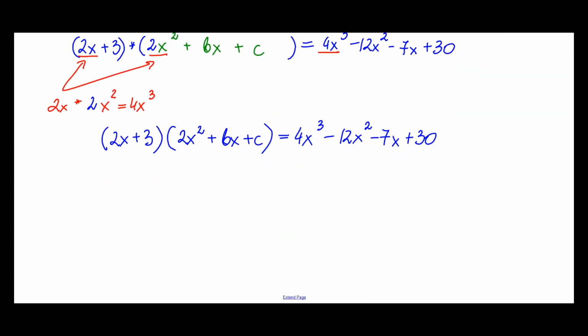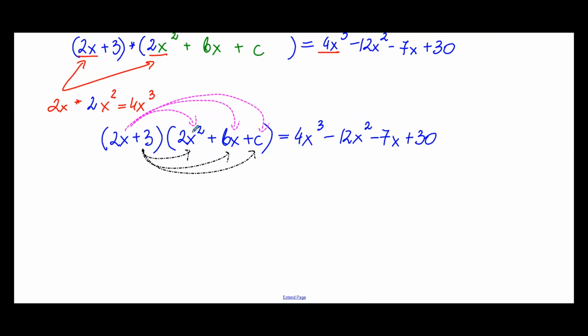Okay, so how do we do that? Again, we multiply everything by everything. I very often do the arrows because that helps me not to lose anything in between. Okay, let's do that.